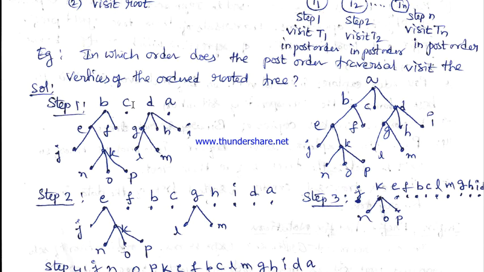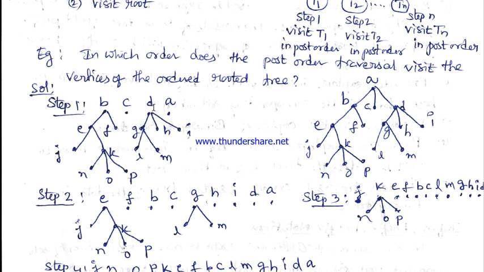Now to traverse the subtree at B by the post order technique, we have to visit the subtree at E, then F, followed by the root vertex B as shown here. As usual, C will be there.